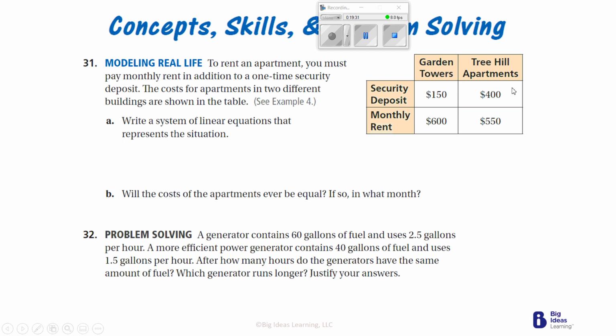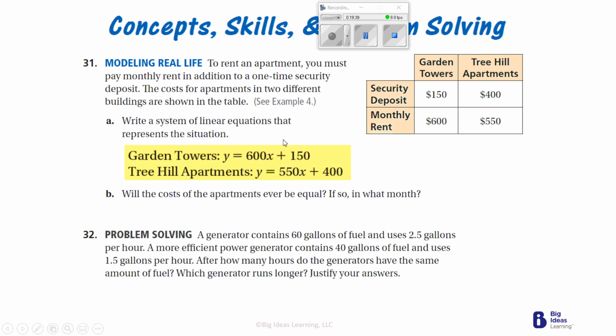Over here, I'll be starting at 400 and going up 150 and over 1. So for the Garden Towers, y equals 600x plus 150. This would be y for the Tree Hill apartment, y equals 150x plus 400.